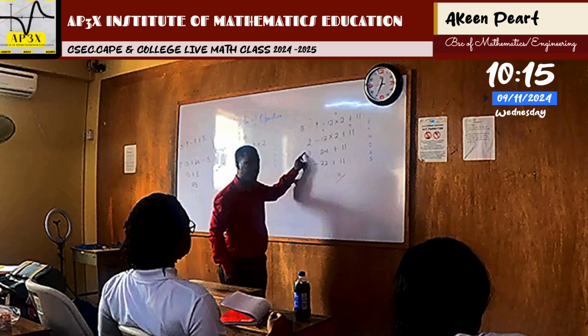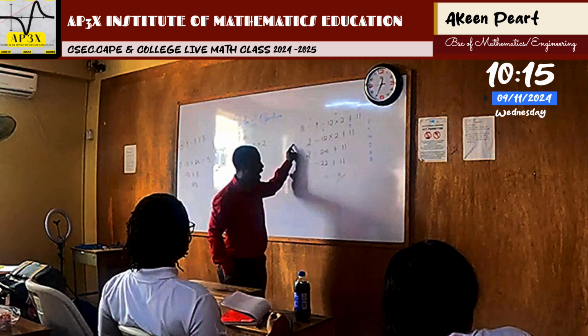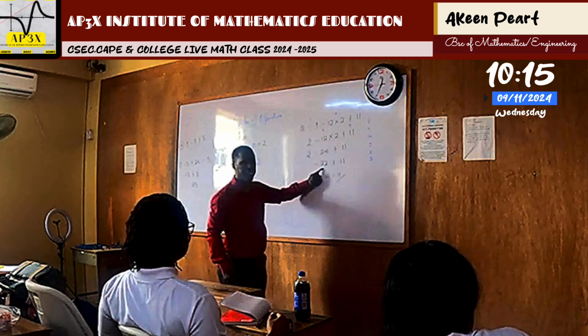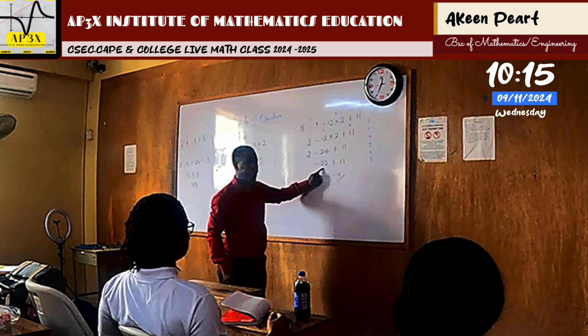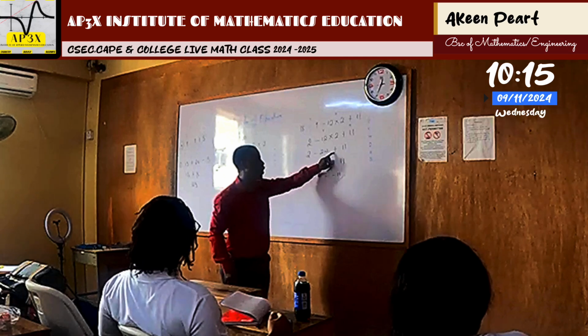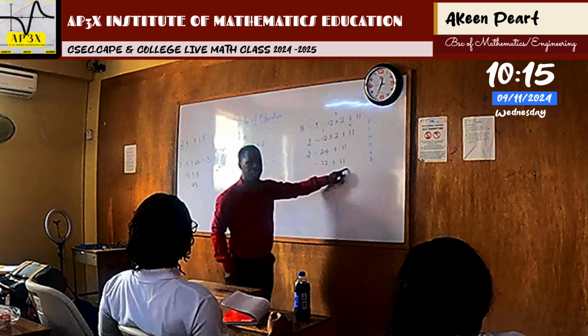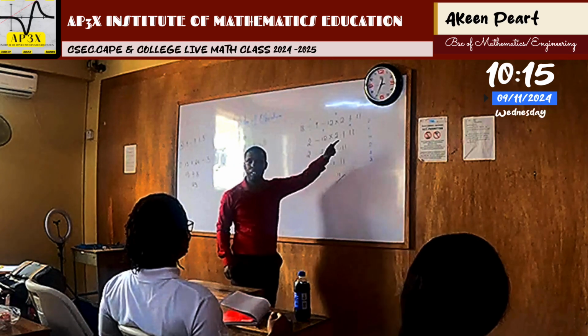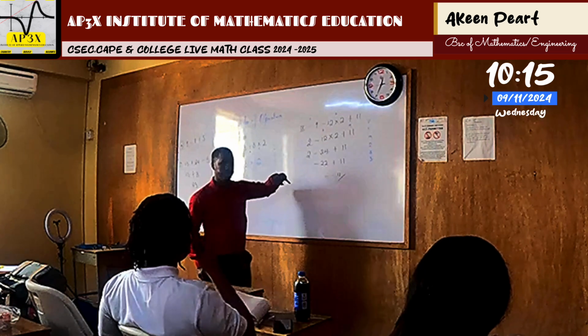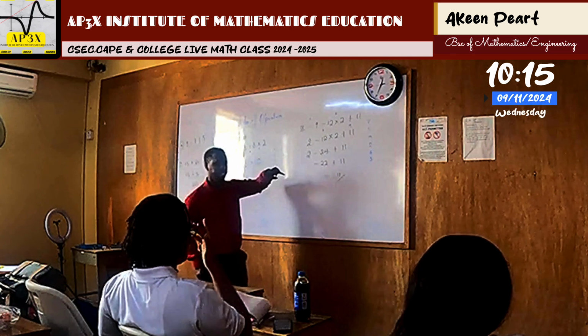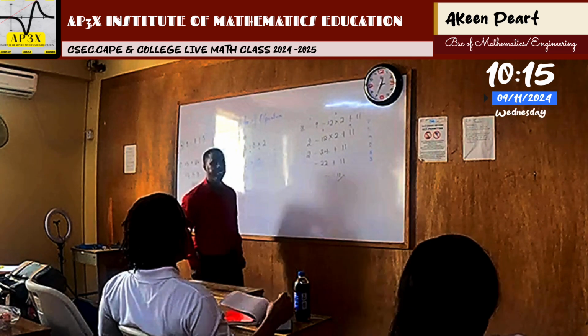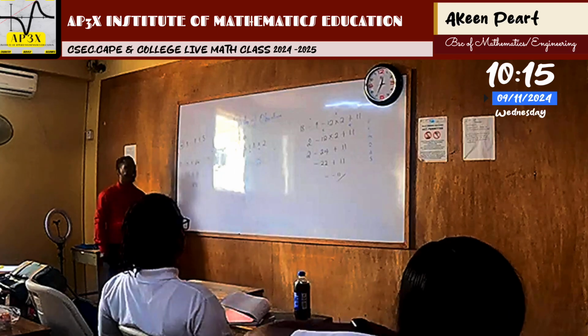You pay me the 2 that you have and you still owe me a balance of 22. Then you end up having $11, so you pay with the 11 that you have. So it's negative 22 plus 11, and then I'm going to get negative 11. That is it.